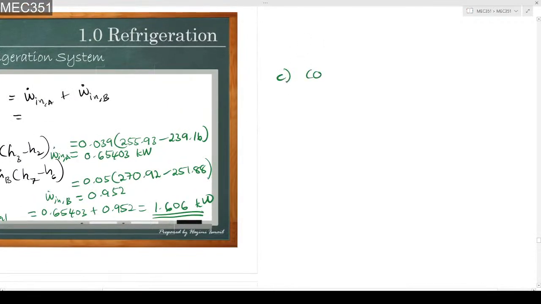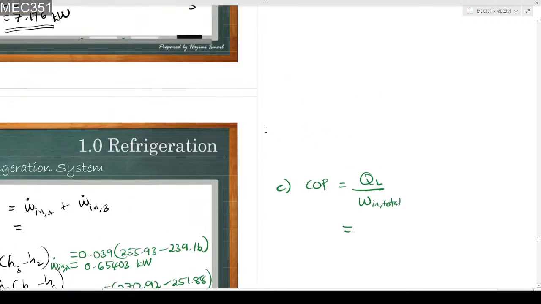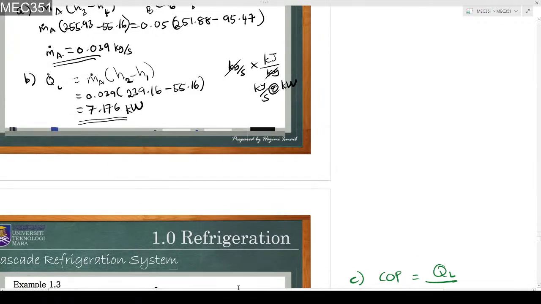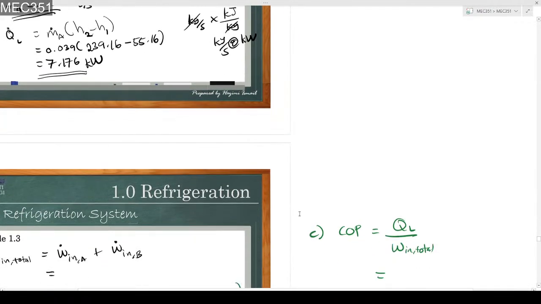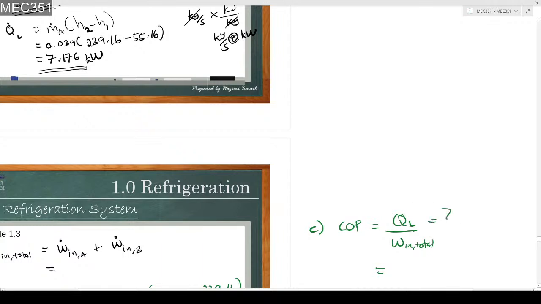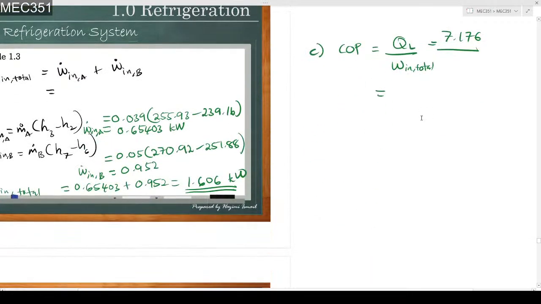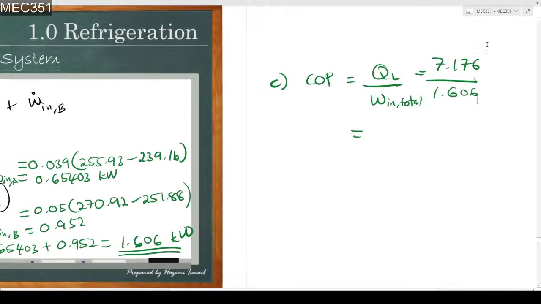C is the COP. So COP is the QL over work in total. So the QL you already got the value here, 7.176, over, okay, work in total here 1.606.